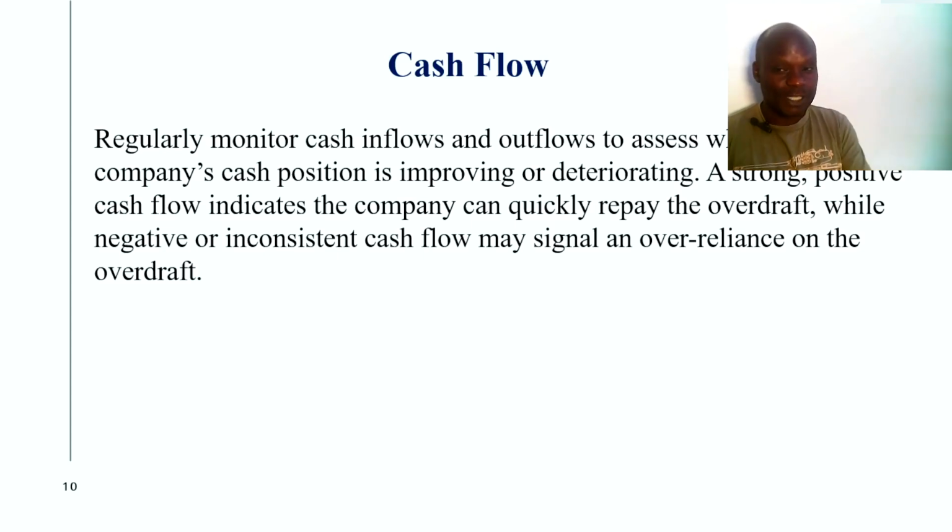But you see, there are consequences of over-reliance on the overdraft, since you may end up working to pay the interest charged by the overdraft. So it affects the profit margin. The fact that a business over-relies on overdrafts reduces the profit margin.